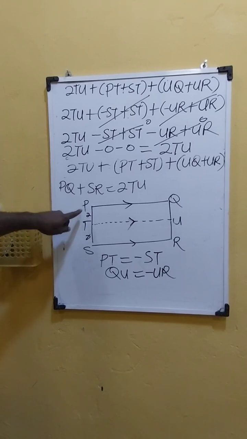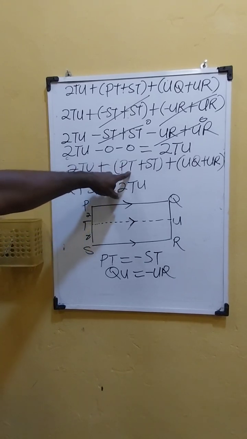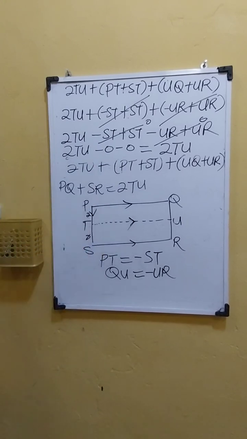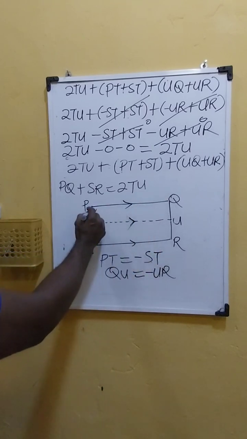You remember from the question, PT, which is what you have here. There's a movement here, PT. And then there is another movement again from the other end, which is what? Can anybody look at it and recognize? QU. Yes, that's the other movement. So QU is another movement now.